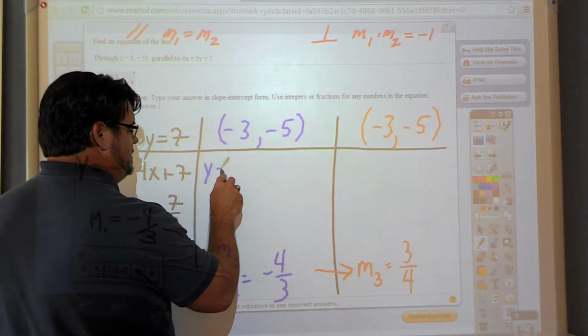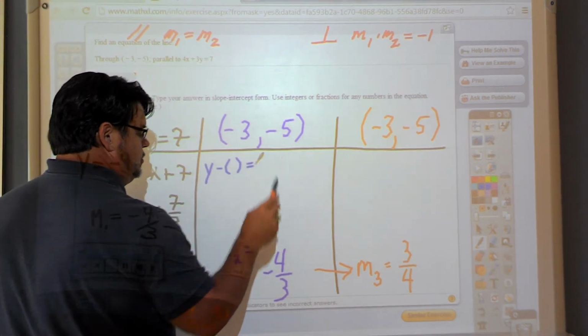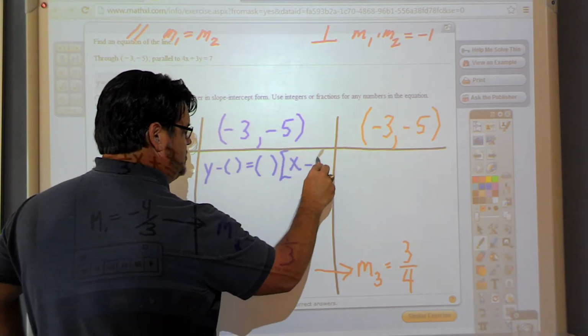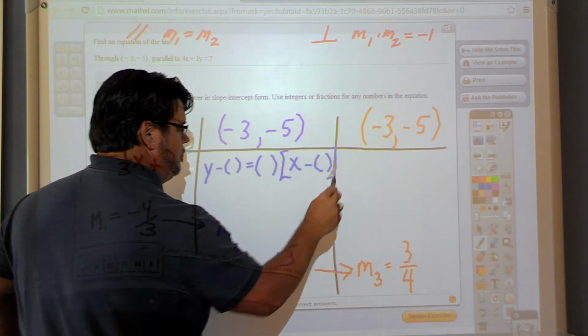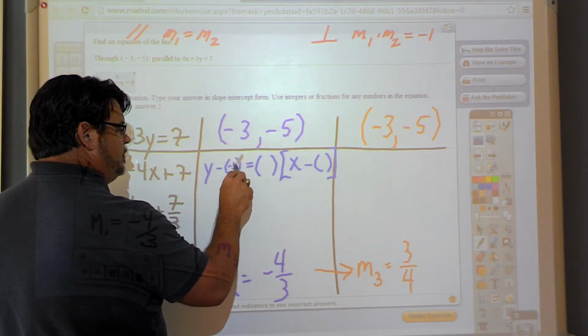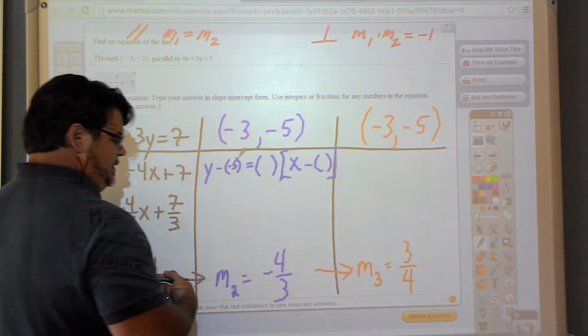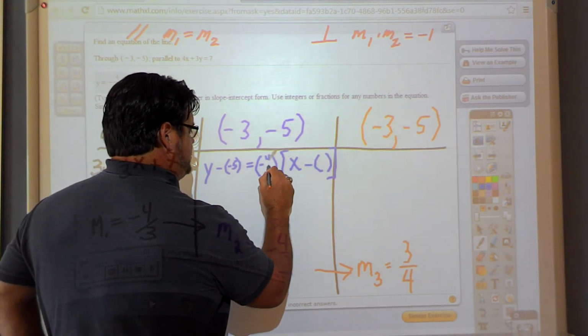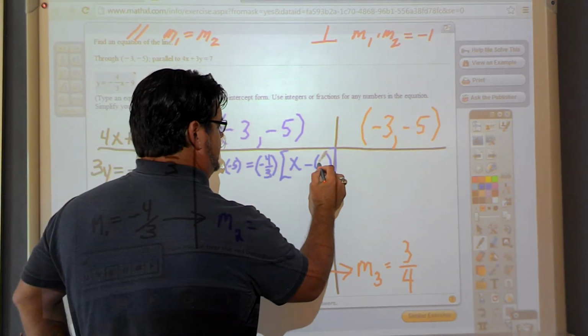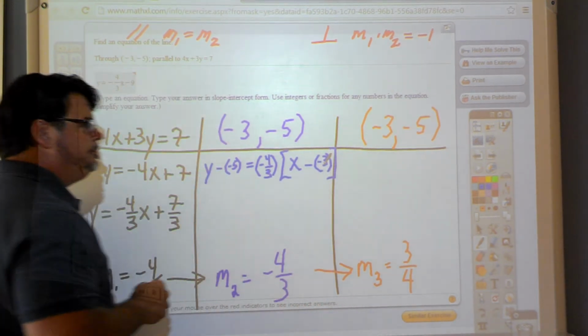Y minus parentheses is equal to parentheses, bracket, x minus parentheses. And what goes here? -5, and -4/3 goes here. And then -3 goes there.